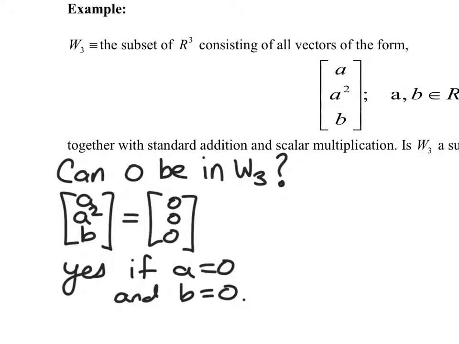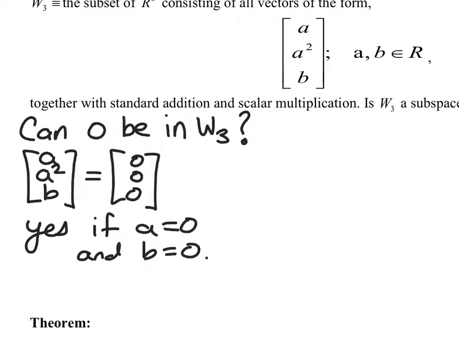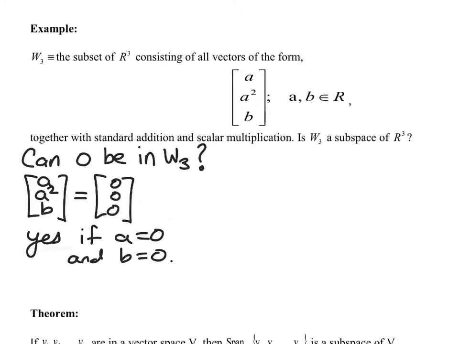So we've satisfied the first condition, which is academically fine. As a student on a test, it's not what you're hoping for. Now I'm going to find the sum of any two vectors in this system.